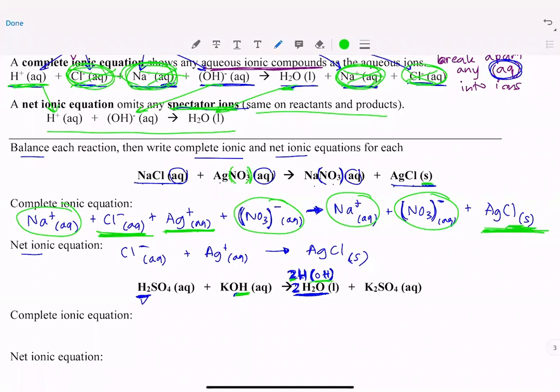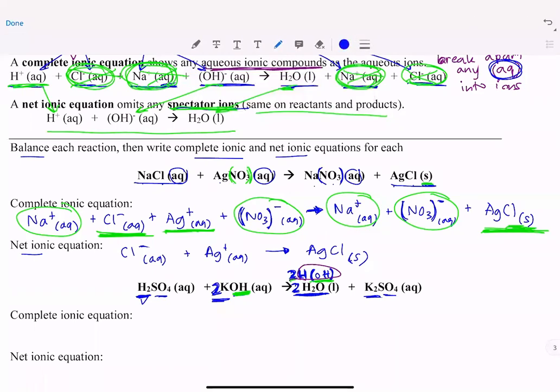So I'm going to need 2 of those OHs on the reactant side, on the left side. So I'm going to add a 2 in front of KOH. And that 2 means I also will have 2 potassium. And so that's the K2 that's covered there. There's also 1 sulfate on both sides. And so now this is balanced. Okay, so remember that little trick is when you have H2O, write it as HOH.